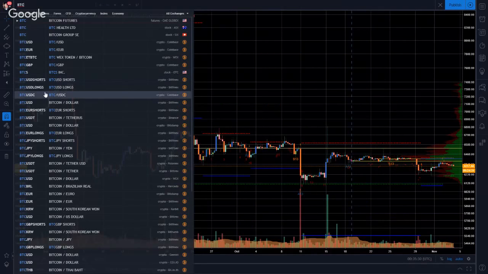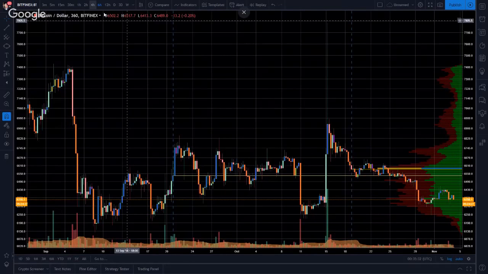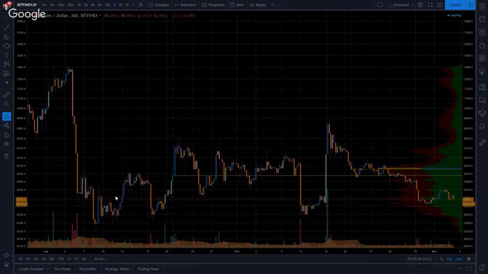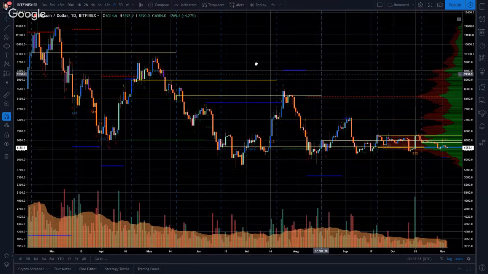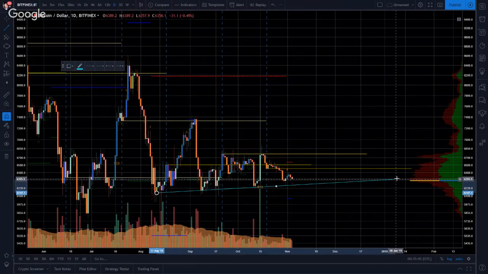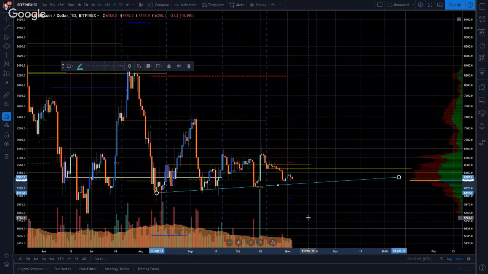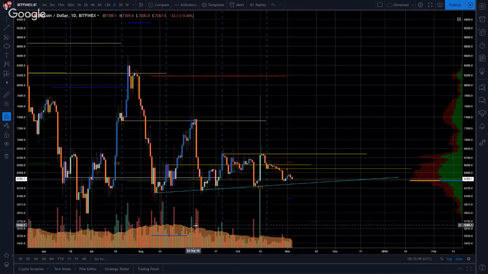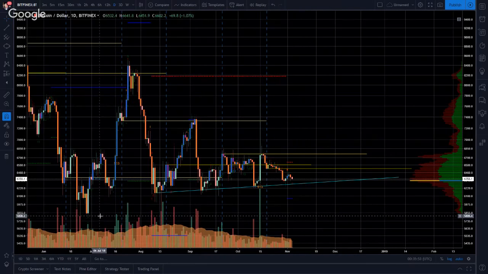I know it's right in front of my face, too. There it is. Let me load this daily back up because I just noticed something on there. One thing that is concerning is we do see some higher lows here, but we also see declining volume on our volume indicator.